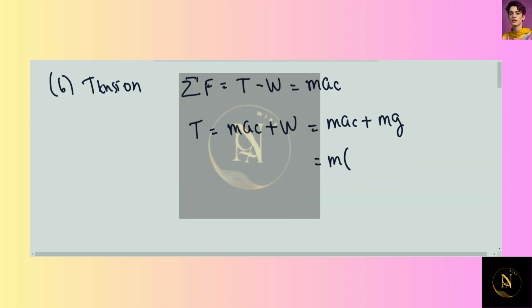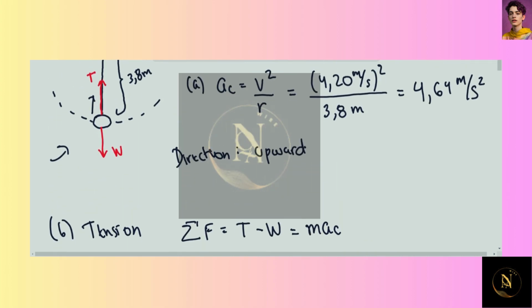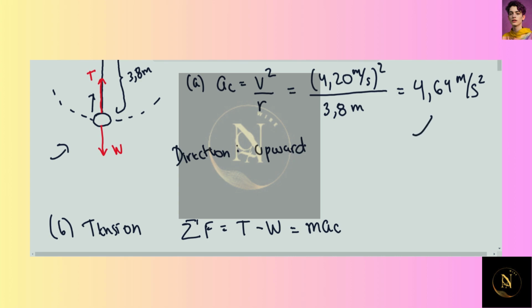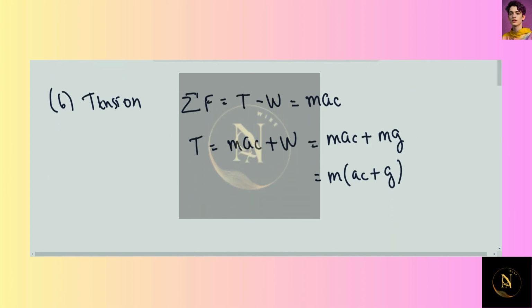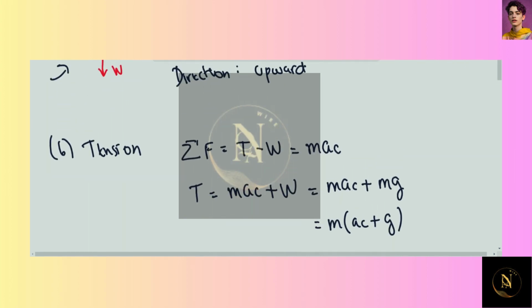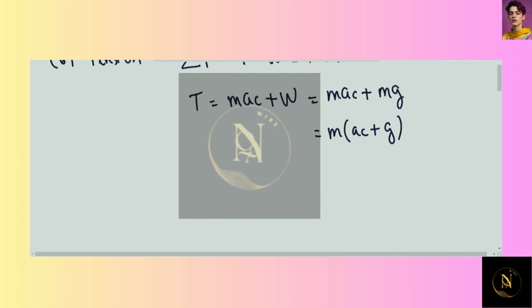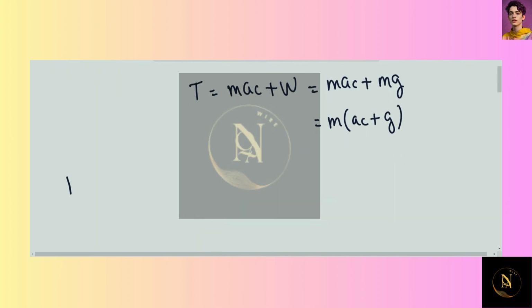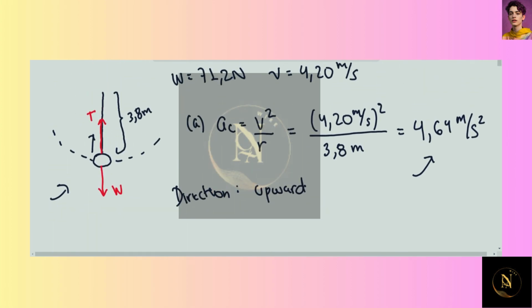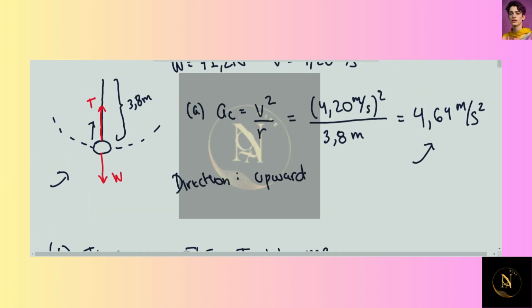We know that the weight is defined as the mass times the acceleration due to gravity. We already know the centripetal acceleration, so we just need to solve for the tension. The tension is the mass of the ball, and we know its weight.